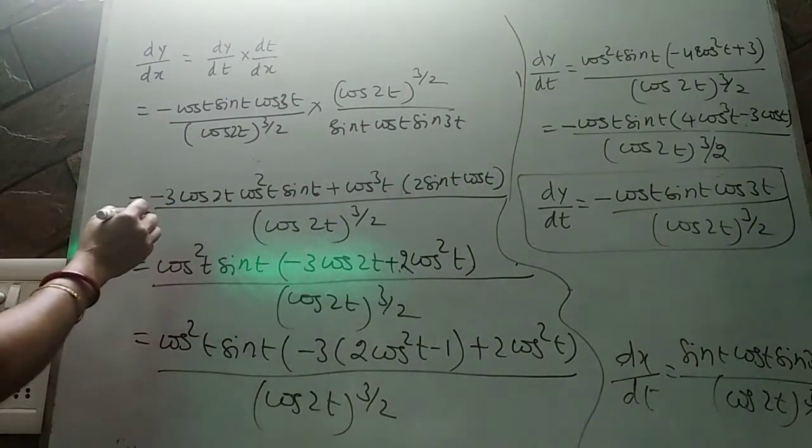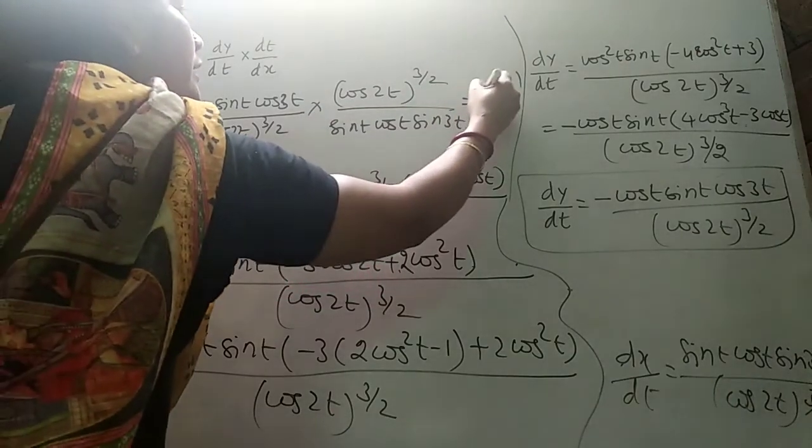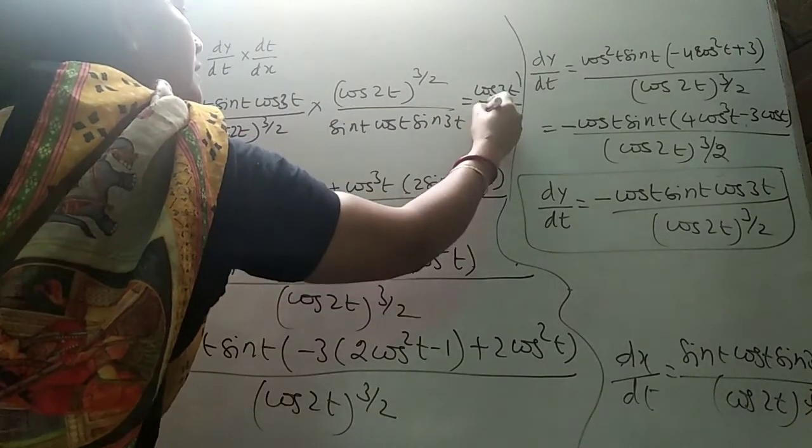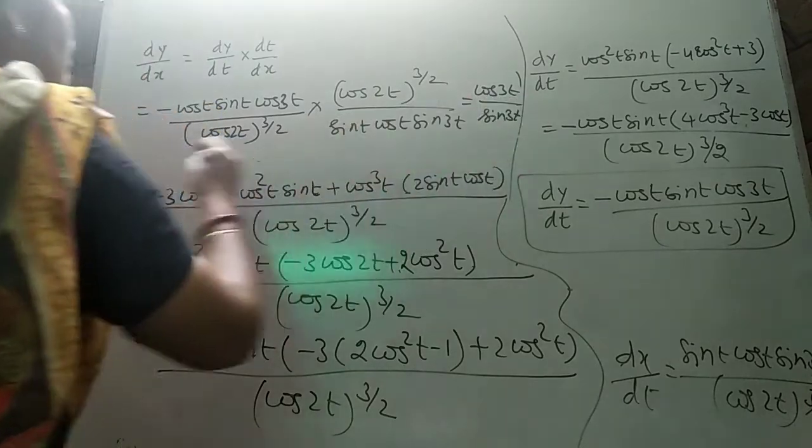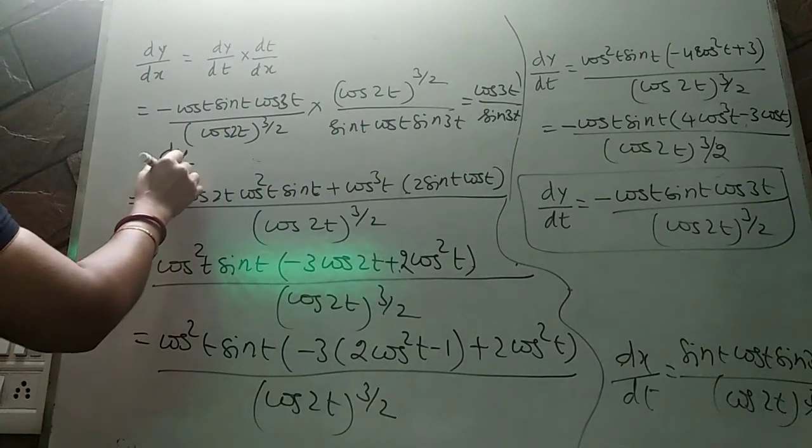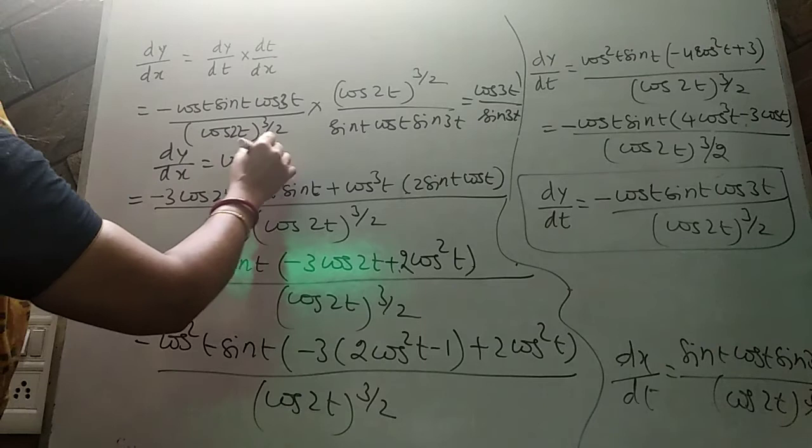Everything will be cancelled, so simply we get cos 3t upon sin 3t. So dy by dx, the final answer, is cot 3t.